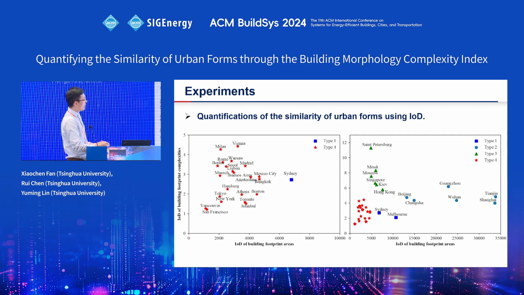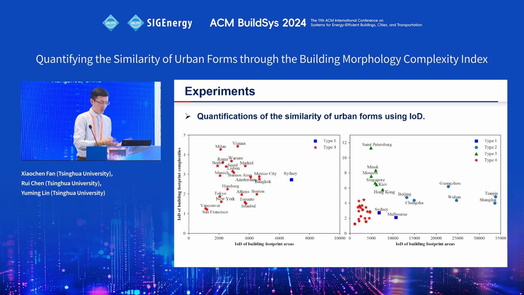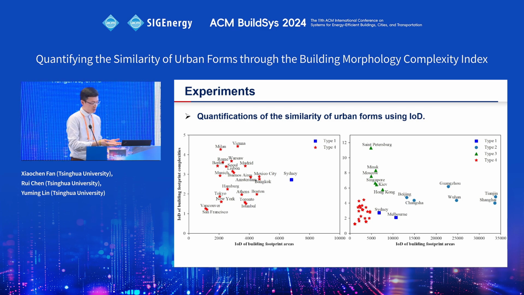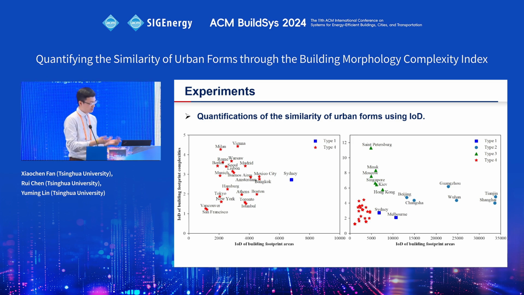In the other clusters, we can notice that the Eastern European cities have a very high value of the IOD of building footprint complexities, because the structure of their buildings is more complex than just the square shape.